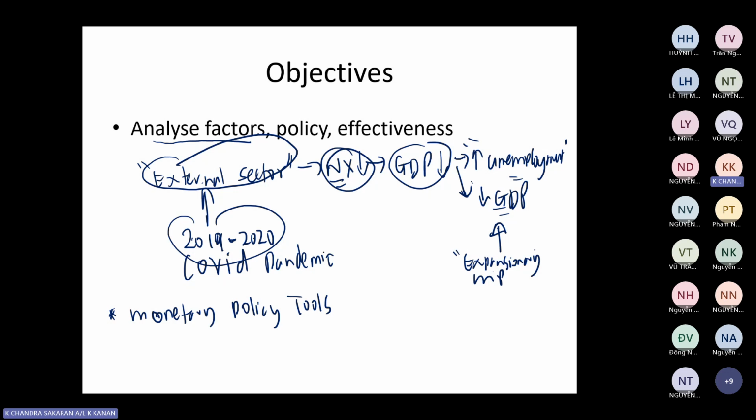So the central bank during that time definitely will be implementing expansionary monetary policy. So how do you know this expansionary monetary policy has been implemented? You look at the tools. What are the monetary policy tools? Anyone? What are the three very important tools that you study?